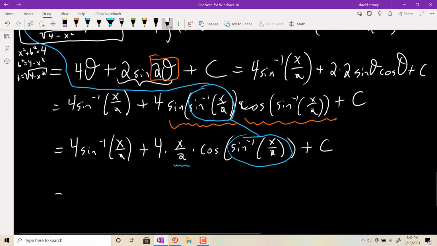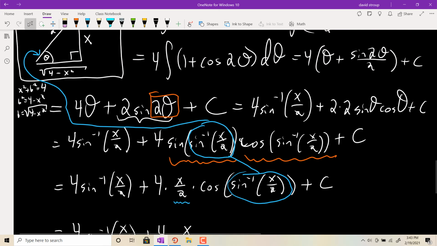So our answer is now looking a little more palatable if you have a healthy fear of these inverse trigonometric functions. You don't want to have to deal with them. Anyways, what did we say cosine of sine inverse was?